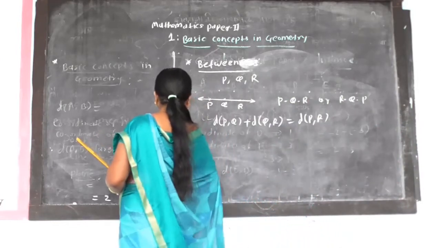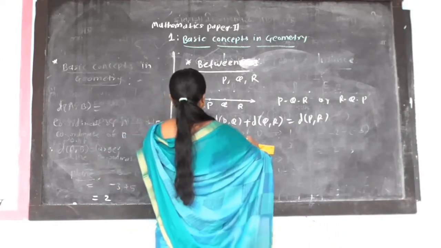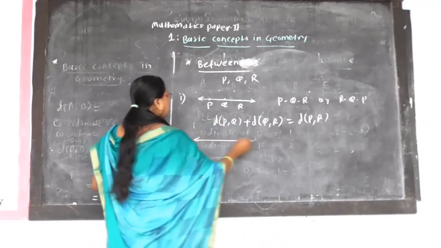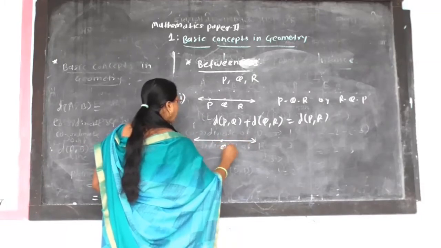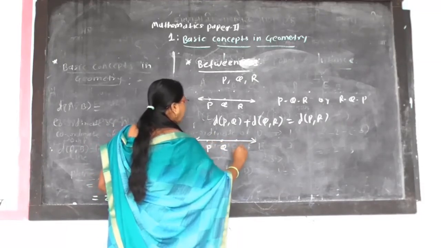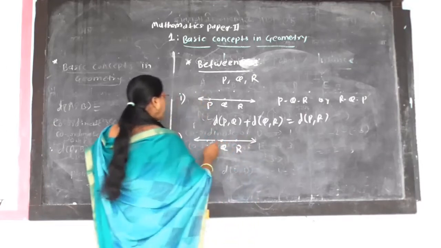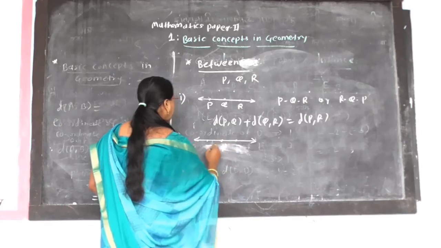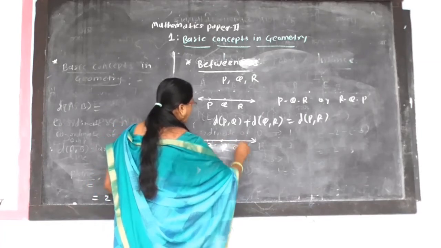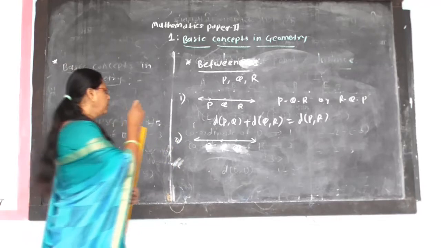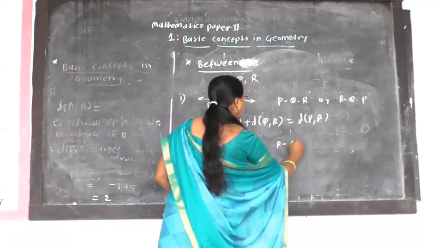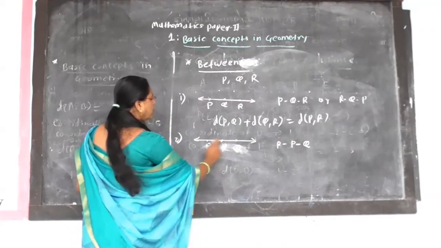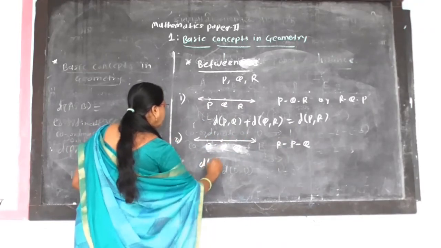Then the second possibility is that the point P lies between R and Q. This is shown by R-P-Q, and it is written as distance RP plus PQ equal to distance RQ.